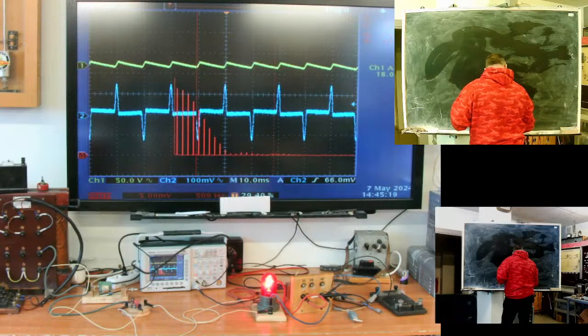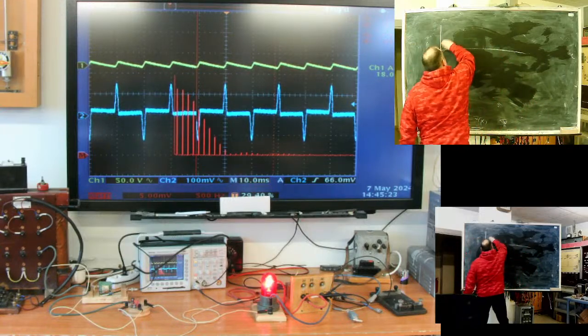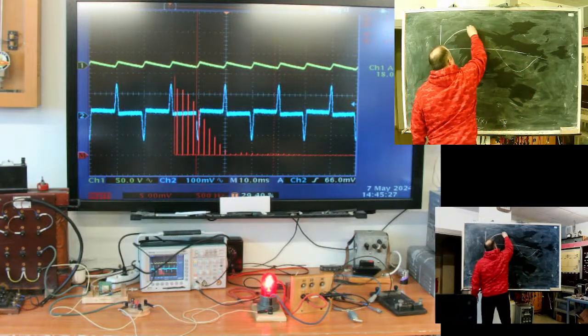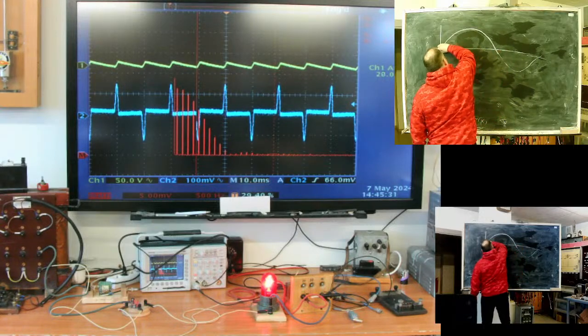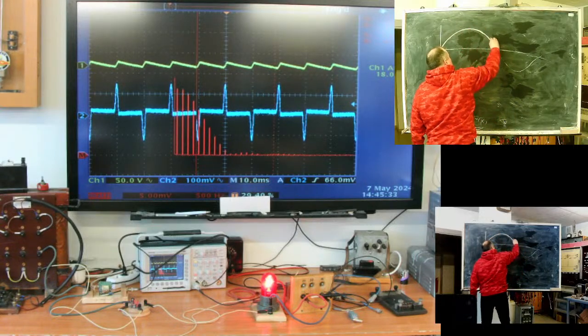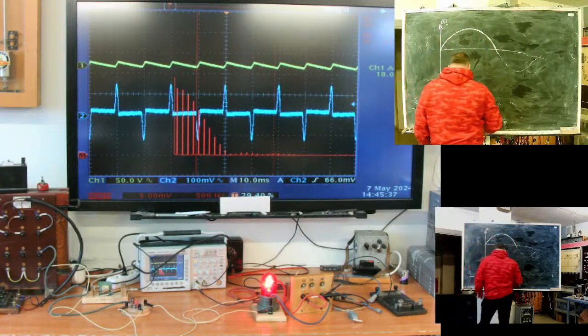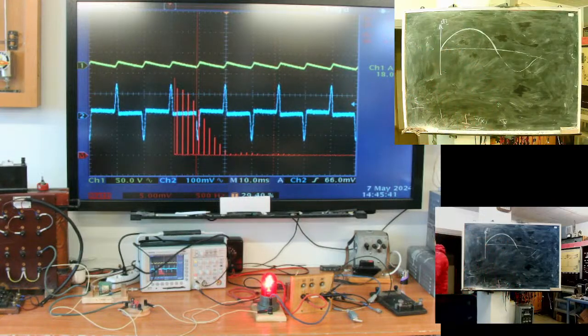Ideal case, no load. I will show it bigger. It's the primary voltage. The capacitor charges to some voltage.